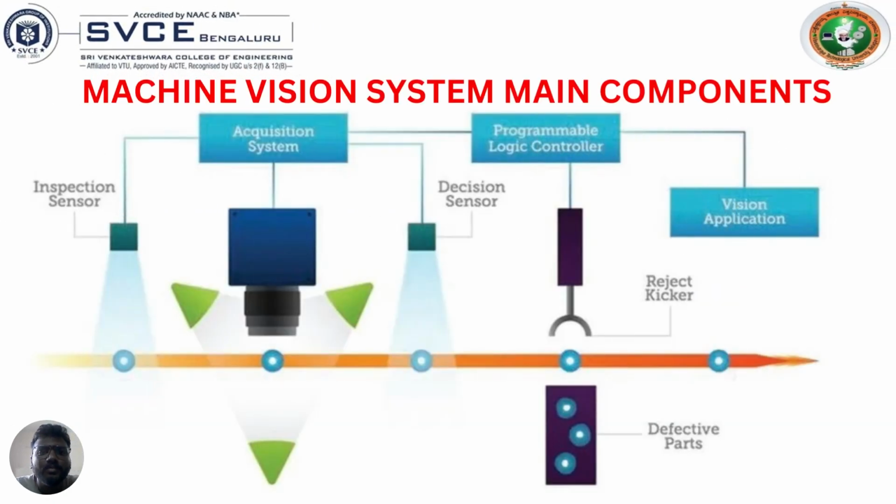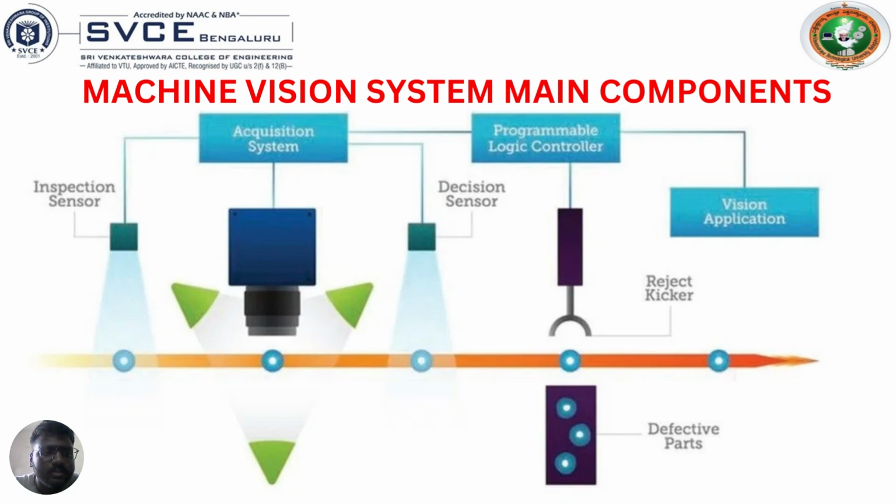Machine vision system and the main components, where we can see in this image there are different components. First, the assembly line, inspection sensor, data acquisition system, detection decision sensor, programmable logic controller, reject keepers and defective parts, and the vision application.